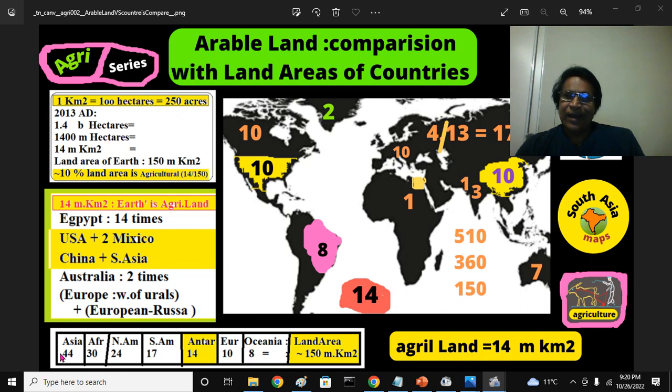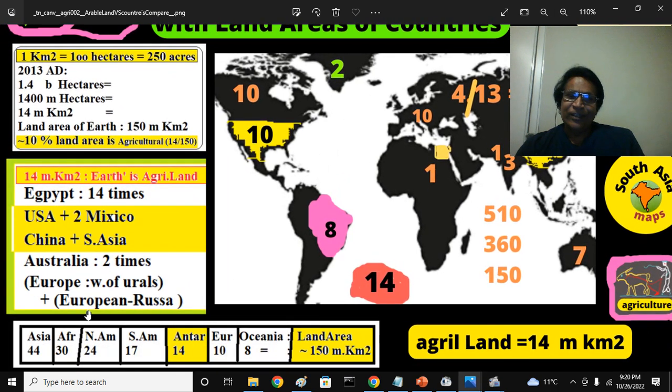Here, Asia I have made 44 million square kilometers, 44 units. Africa is 30, that means the entire African continent is 30 units. Half of it is 15. That is the agriculture area. North America should be 24: 10 here, 10 here, the rest 4, 24. South America is 17. See, Brazil, double the area, 8 and 8, 16 or 17. That is the area of South America. Antarctica is 14, so I highlighted it here.